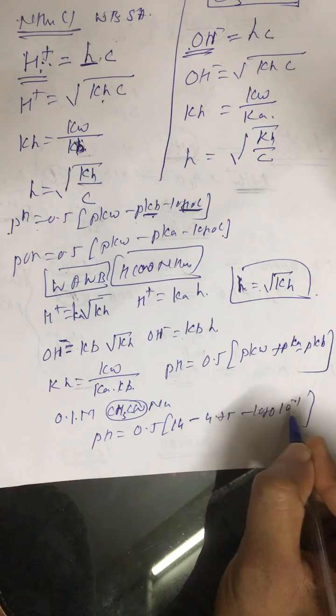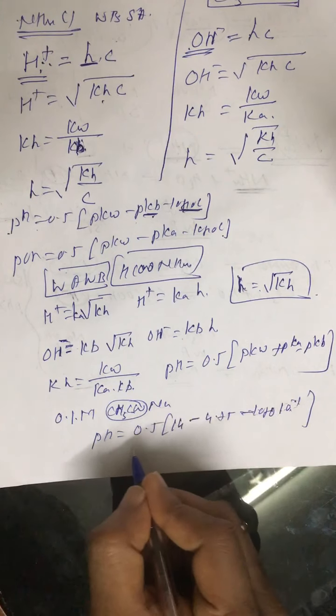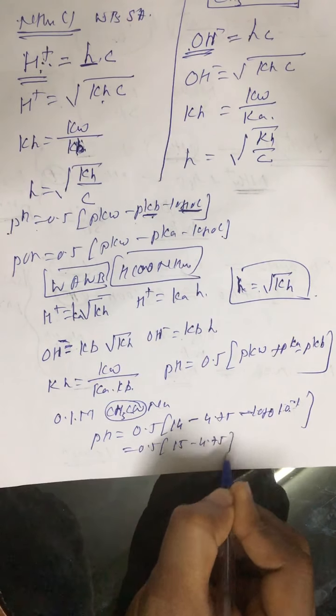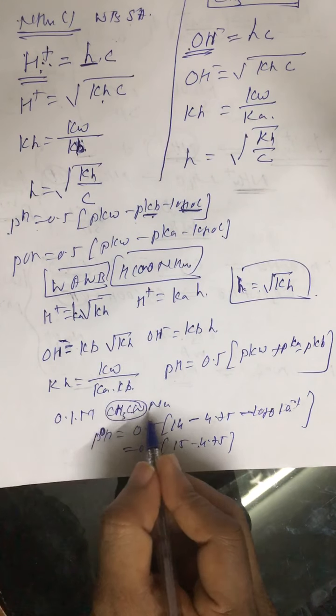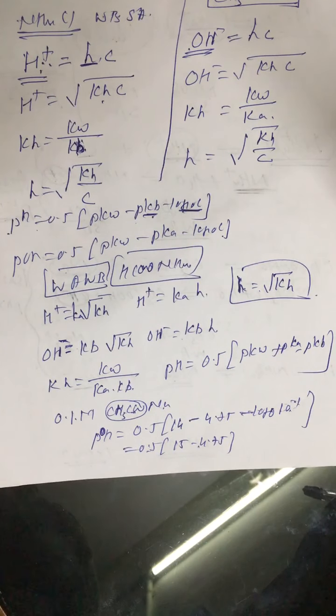So minus 1, log is minus 1, minus plus 1, so we get 0.5 into 15 minus 4.75. So solve this much, and this will be pOH, not pH, because it is a weak acid strong base salt, and then you can calculate pH. Alright.